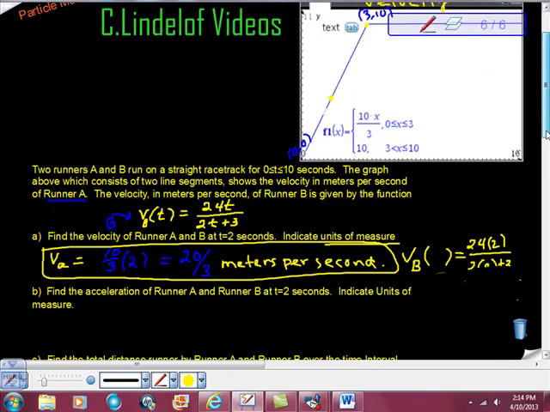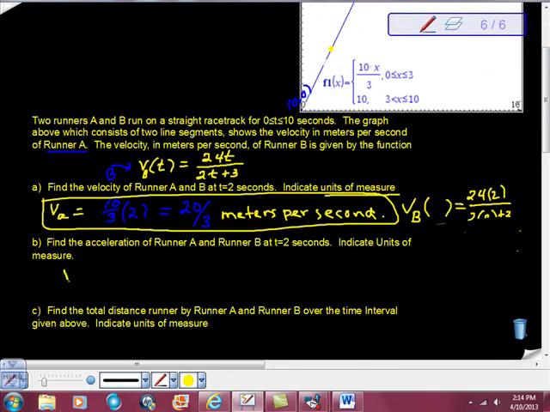So velocity at that time is 10 thirds t. So v prime of t for runner A is just equal to 10 thirds, isn't it? And it would be 10 thirds meters, right? This is acceleration, so it's meters per second squared.